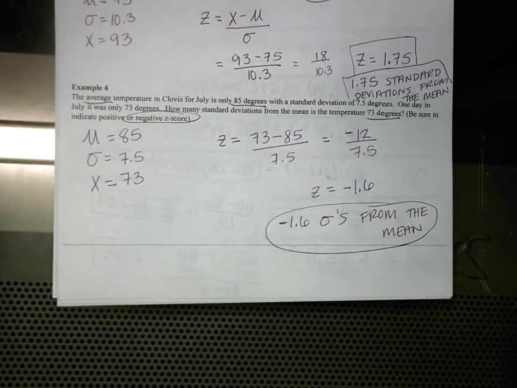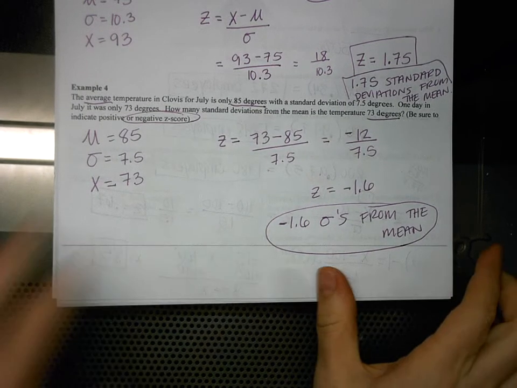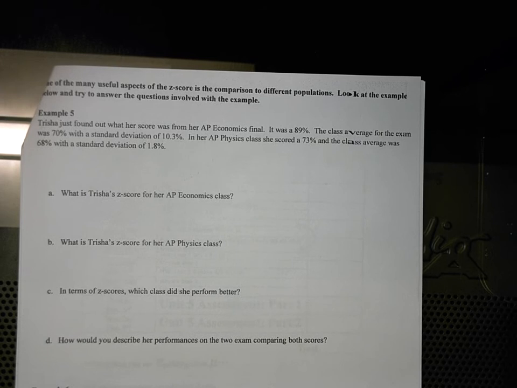Okay, go ahead and flip to the last page. One of the many useful aspects of the z-score is the comparison of different populations. Look at the example below and try to answer the questions involved. Trisha just found out what her score was from her AP Economics final.